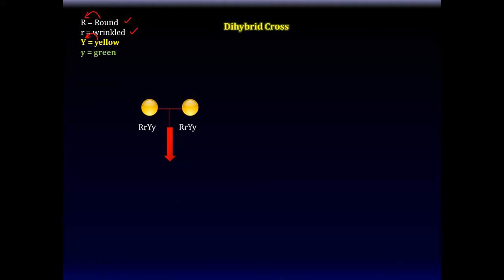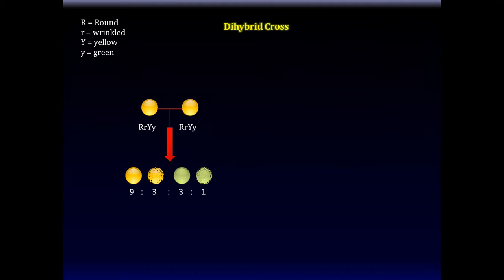So both of these will be yellow and round seeds. Now, what happens if you cross these 2 plants? What you notice is quite an interesting phenomenon when they are heterozygous like this. The next generation of plants will have 4 types of seeds, even though all these plants were yellow and round.